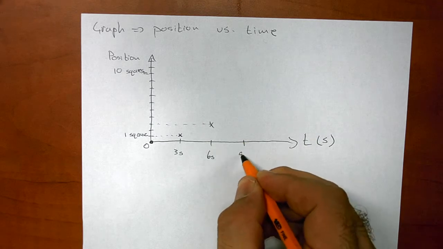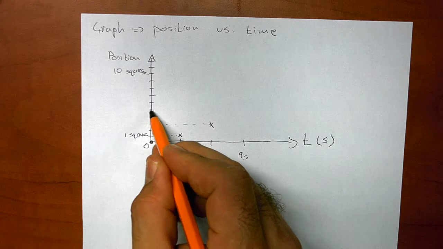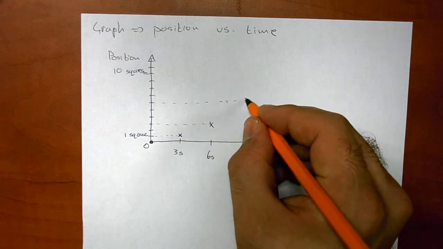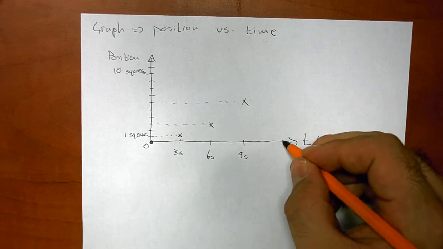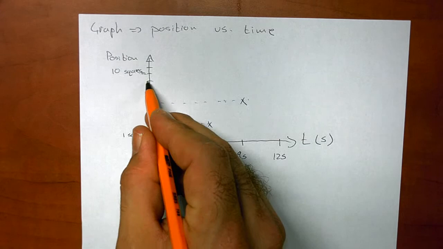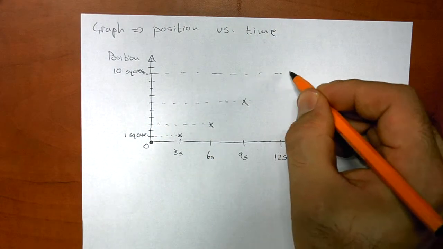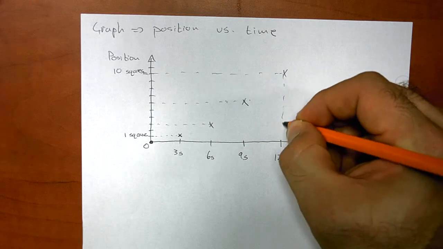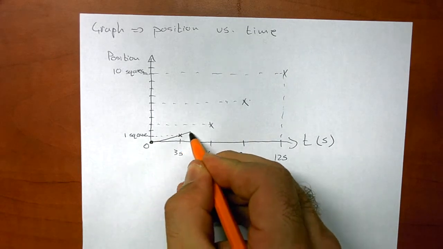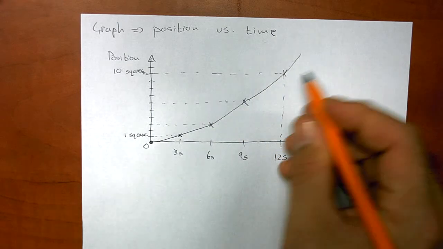After 9 seconds, he would have advanced 1, 2, 3 squares further yet. After 12 seconds, he would have advanced 1, 2, 3, 4 squares. So this is approximately then Sheehan's position as a function of time.